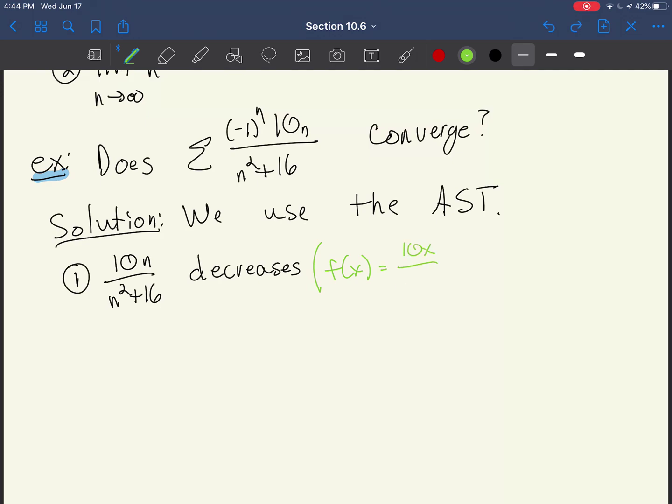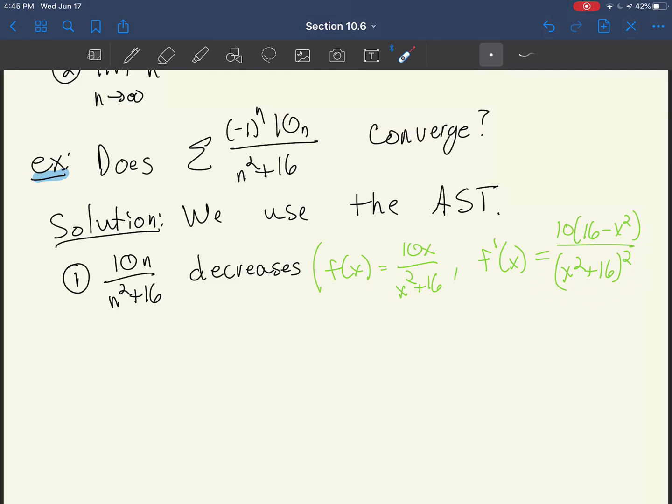Why is this? If we have f of x equals 10x over x squared plus 16, take the derivative using the quotient rule. This is 10 times 16 minus x squared divided by x squared plus 16, quantity squared.